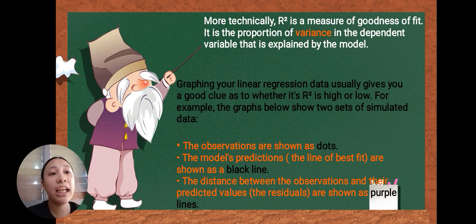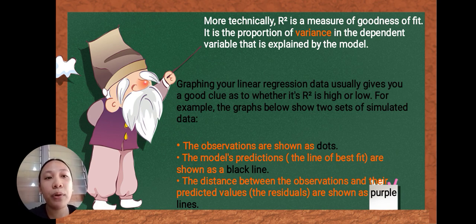More technically, R squared is a measure of goodness of fit. It is the proportion of variance in the dependent variable that is explained by the model. Graphing your linear regression data usually gives you a good clue as to whether its R squared is high or low.